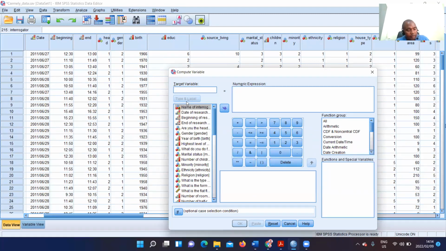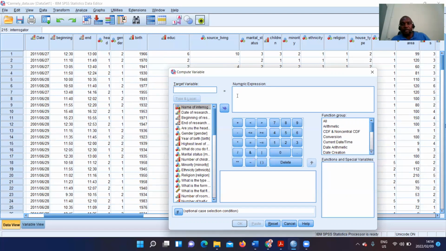For instance, we may be interested in transforming the birth and the date of the study variable in such a way that it gives us additional information, like the age of the respondents.